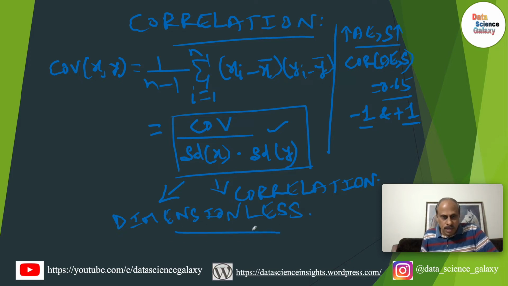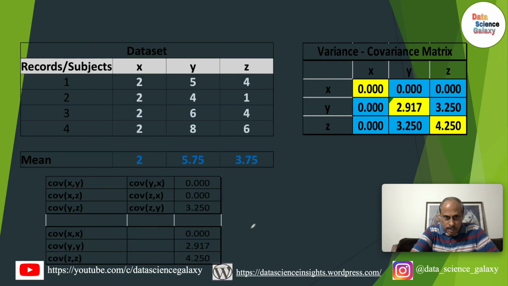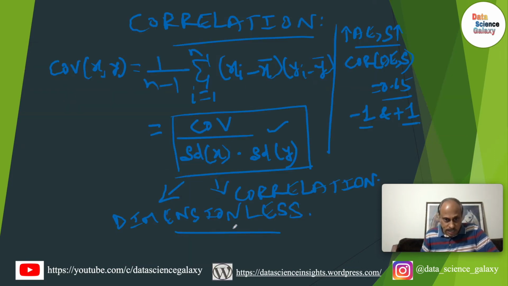So let me summarize this by making a statement. Covariance is to a matrix what correlation is to a data set.